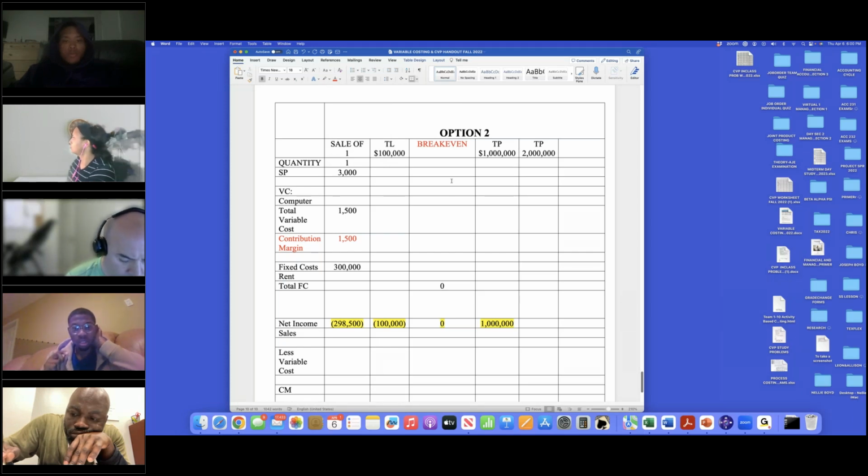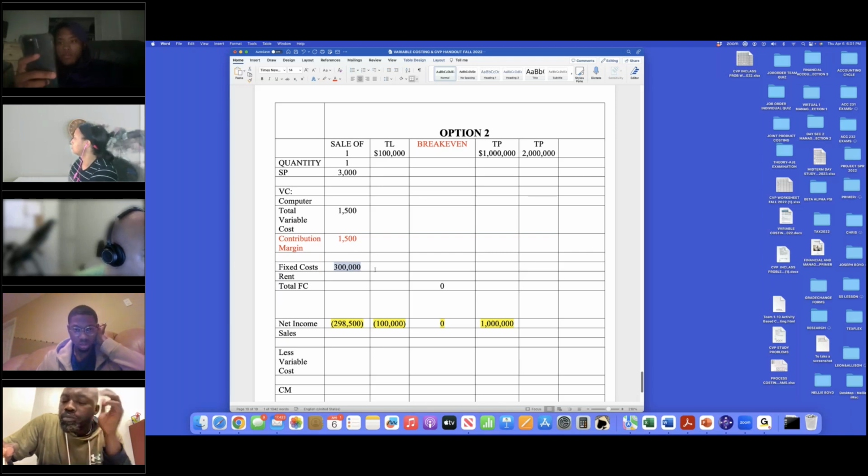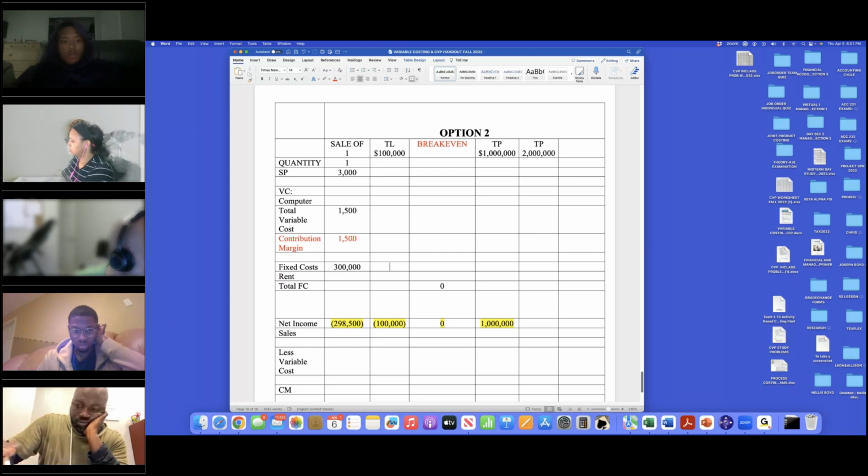I do have a question right quick before we start. Just to reiterate, in order to get the net income of 298,500, you took the fixed cost, which is 300,000, and subtracted what we made on one item, one computer for 1,500.